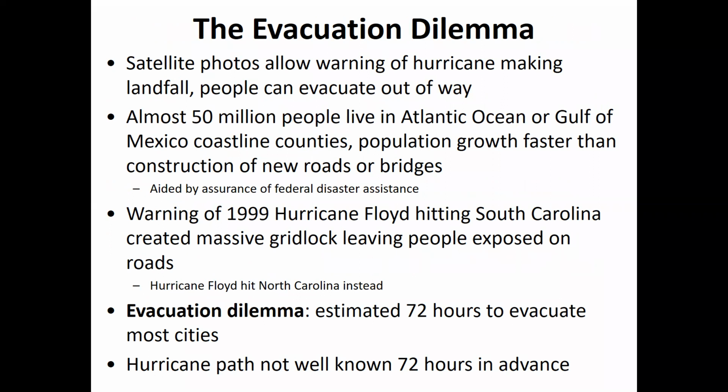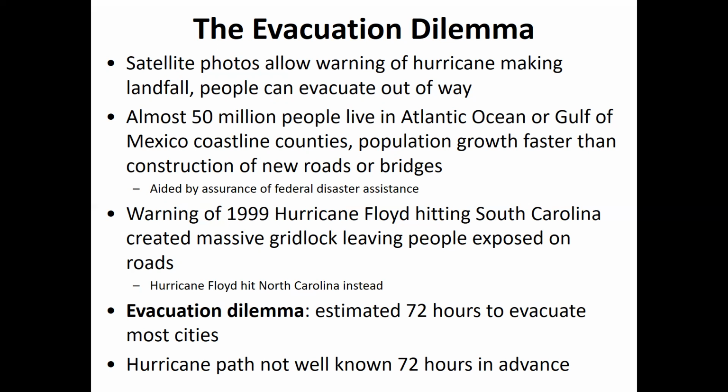The population growth is faster than the construction of new roads and bridges that are needed to evacuate these large populations. Part of this is aided by the assurance of the federal disaster assistance. And so the warnings of 1999 Hurricane Floyd hitting South Carolina created massive gridlock, leaving people exposed on roads. Hurricane Floyd actually hit North Carolina instead.